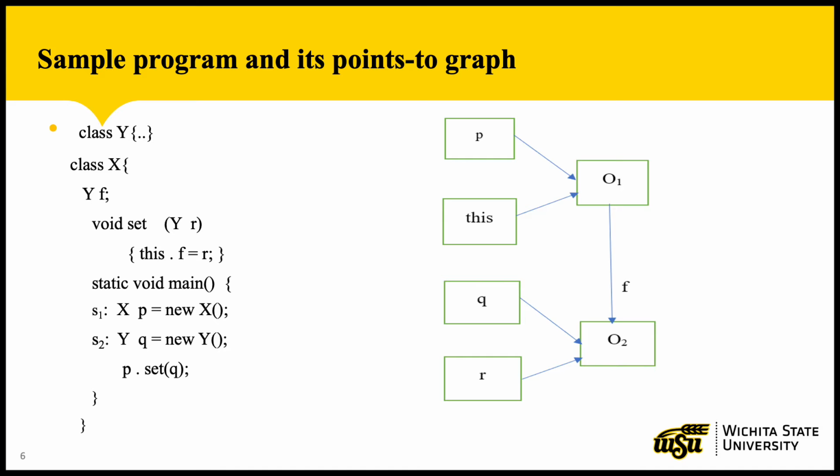The analysis semantics is expressed as a manipulation of a points-to graph containing two kinds of edges. The first edge shows that reference variable r points to the object Oi, and the other edge shows that field f of object Oi points to the object Oj.